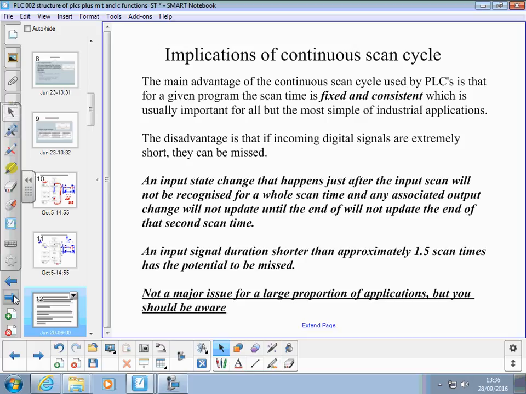An input signal duration shorter than approximately 1.5 scan times has the potential to be missed. If it happens at just the right time, it will get seen. If it happens at just the wrong time, it will get missed. Not a major issue for the large proportion of applications, but you should be aware.